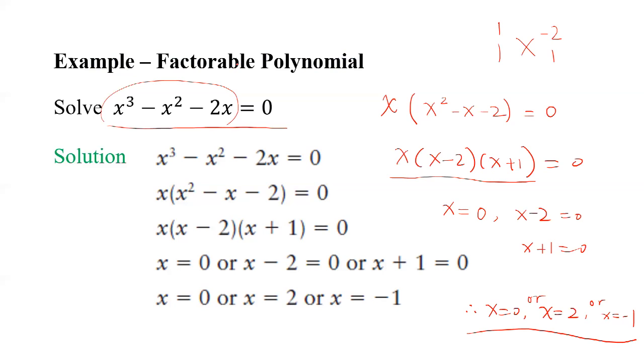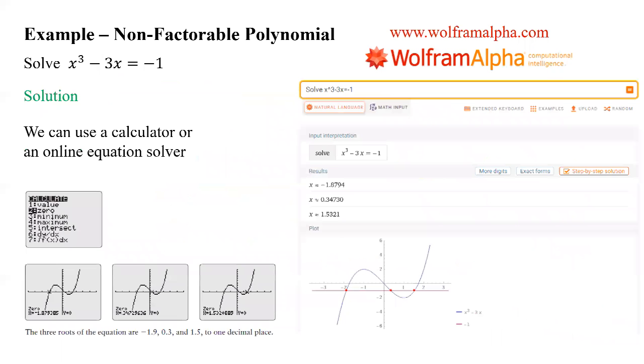So for a factorable polynomial, the key is to factor the polynomial expression, right? Okay, next, let's see an example of a non-factorable polynomial. So now we have an equation like this.